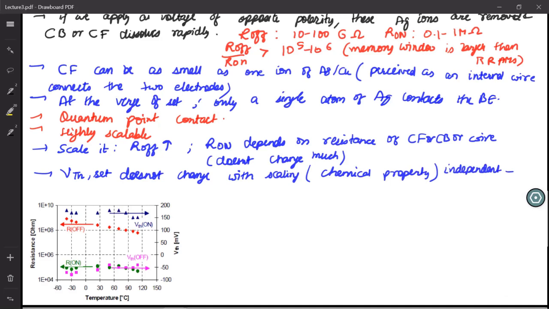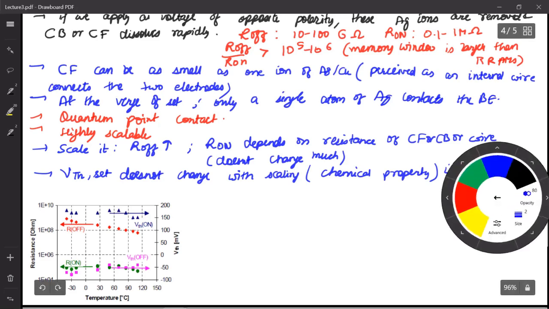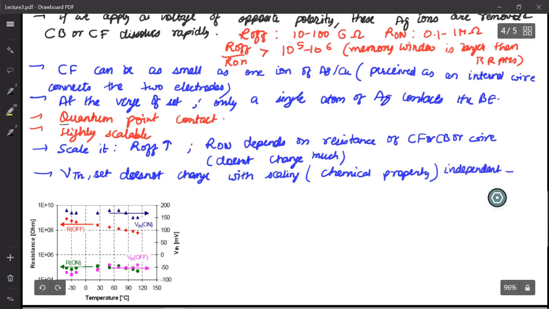Okay, so now that we have discussed scaling, let us talk about the phenomena which originate because of this quantum point contact. Because of this quantum point contact, there is a quantization of conductance. Let me just write it.